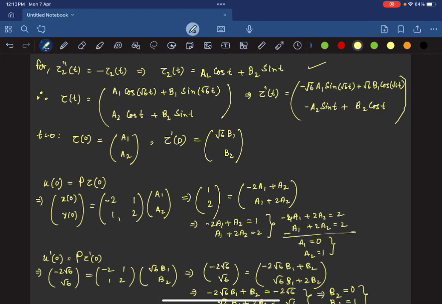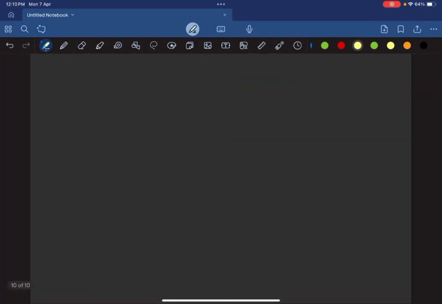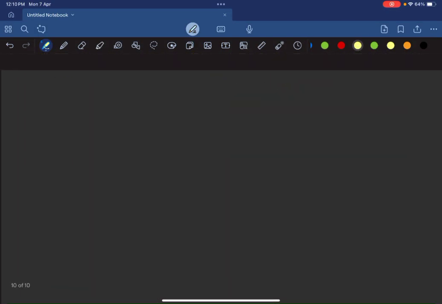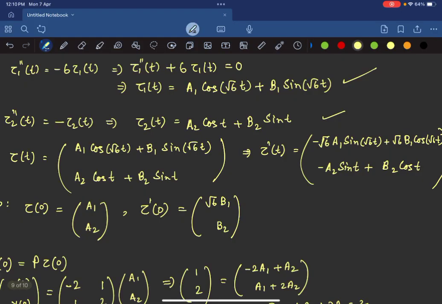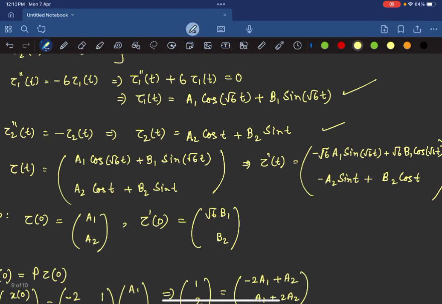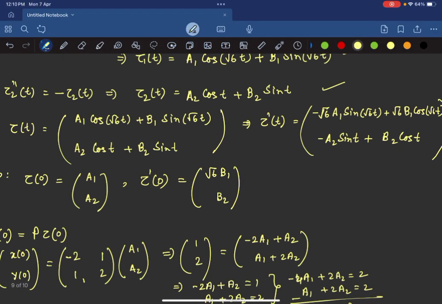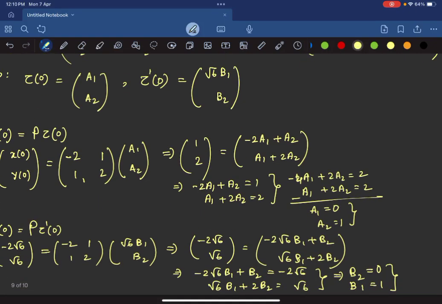So what you are getting, see, z1 of t, the expression was z1 equals a1 cos root 6t plus b1 sine root 6t, with a1 0 and b1 1.